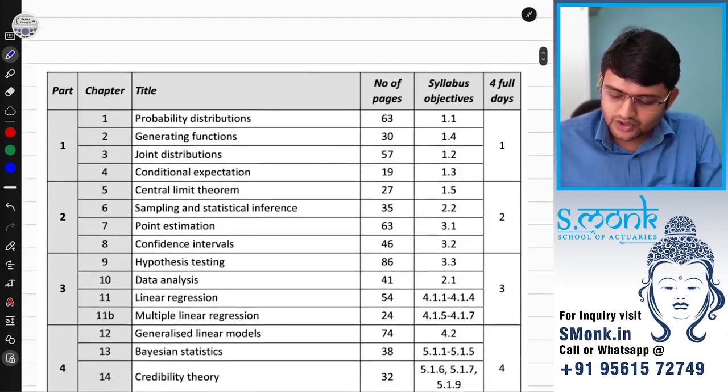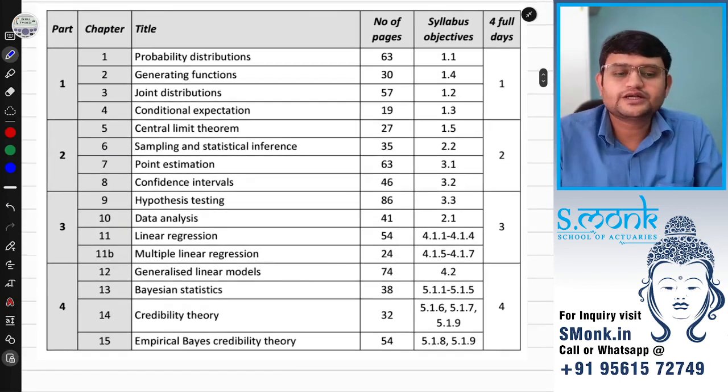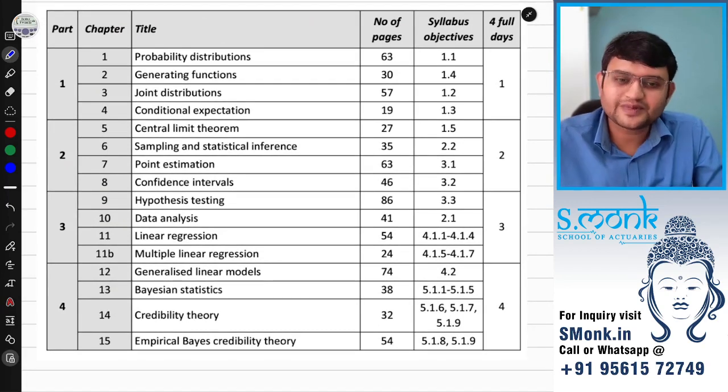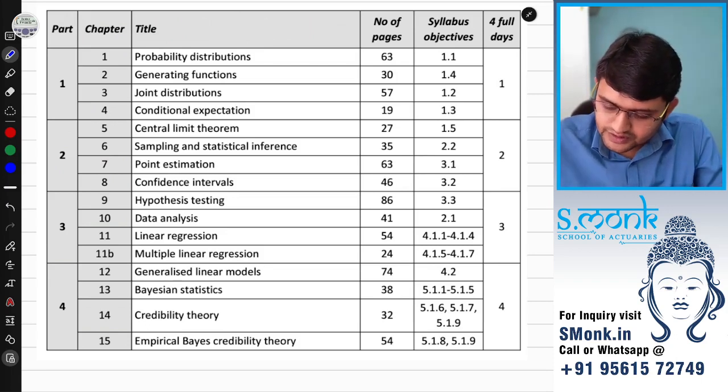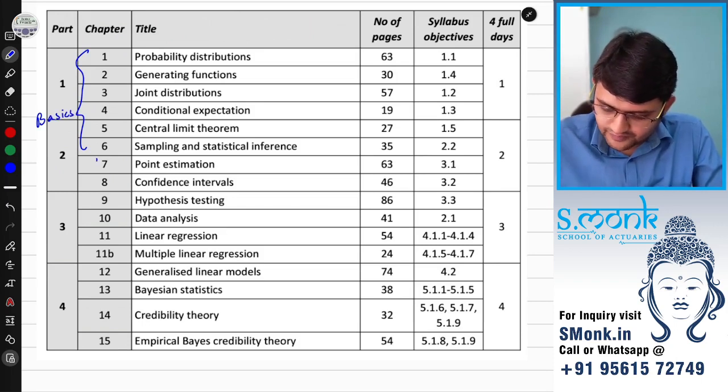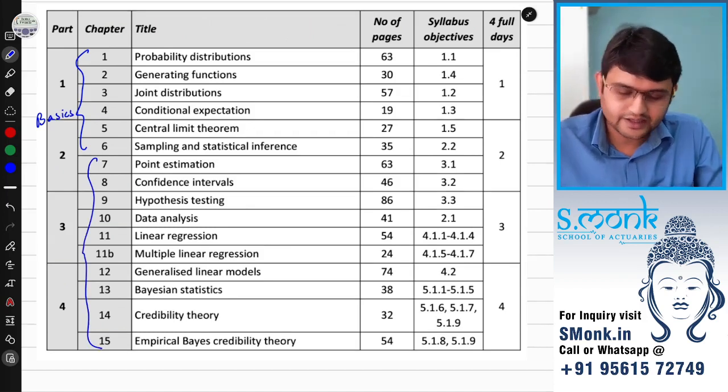Okay. So our course contains 15 chapters. We are going to go from the very basics of statistics to all of the analytical tools. So basically the first six topics are our basics, and then from 7 to 15 these are all analytical tools.